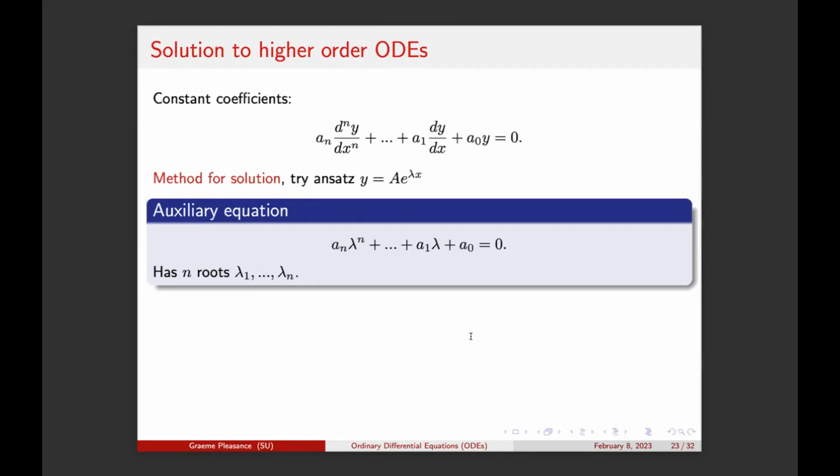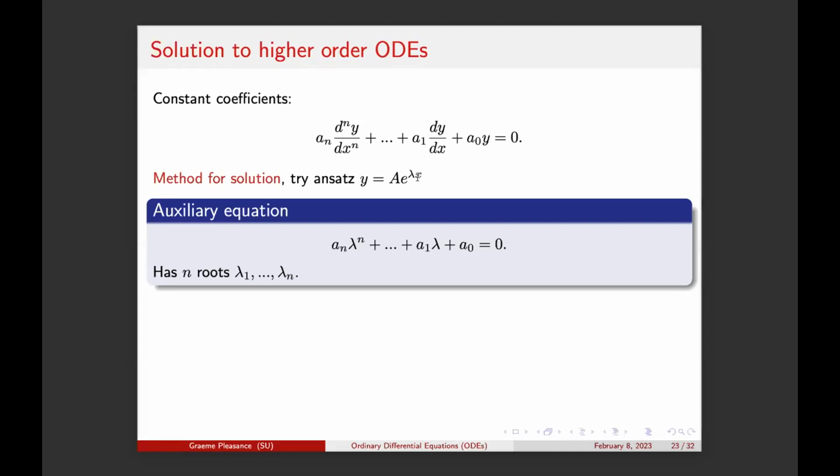Okay, so what we will do is look at the case in which we have a linear nth order ODE with constant coefficients. The method for solving this is that we try some ansatz, which we can write in this form: some fixed constant a multiplied by e to the lambda x.